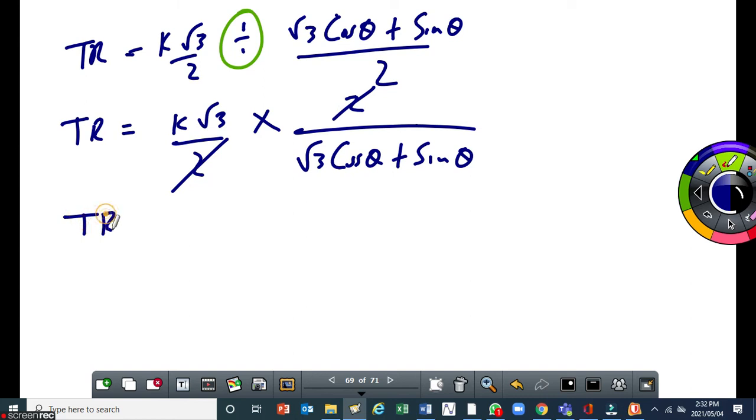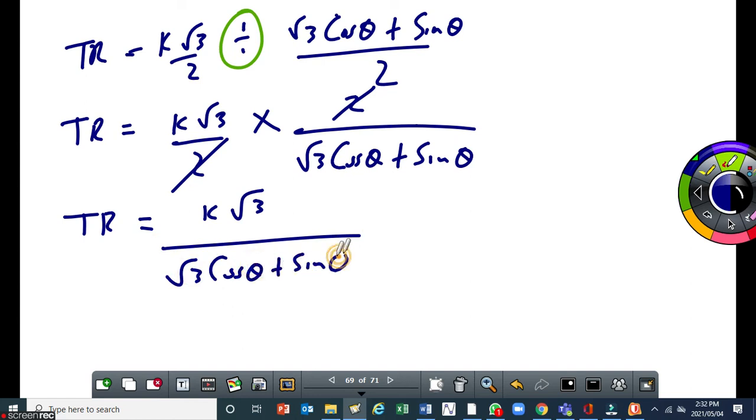So the final answer will be TR equal to K times square root of 3 all over square root of 3 cos theta plus sine theta. I hope you can see that this square root of 3 and that won't cancel. And then you will be done.